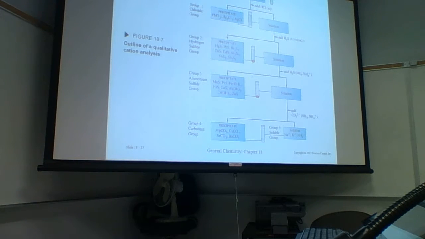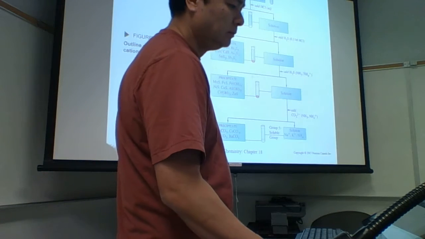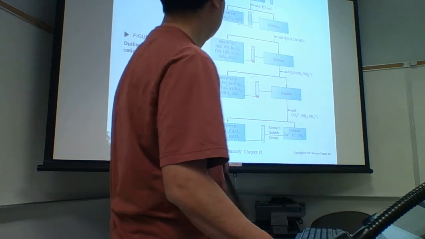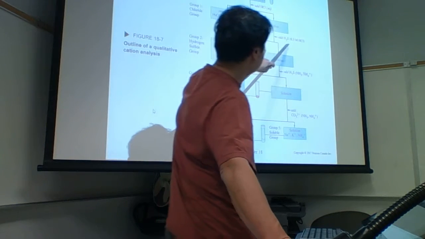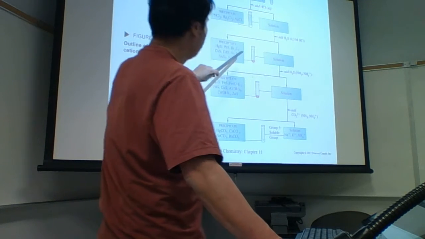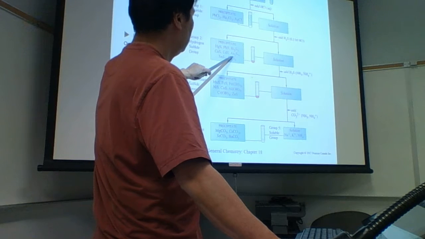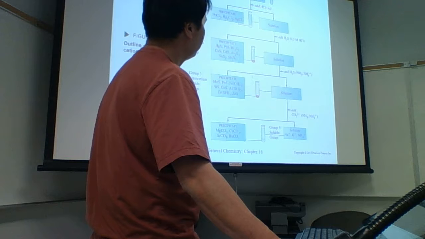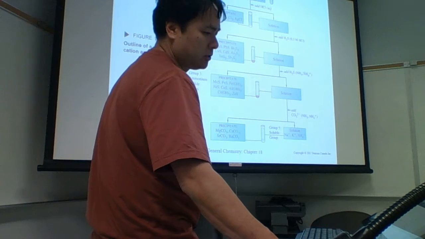Basically, Le Chatelier shift right. However, at very, very low pHs, like 0.3 molar HCl, all these are soluble. Just these are insoluble. And then just raise the pH.